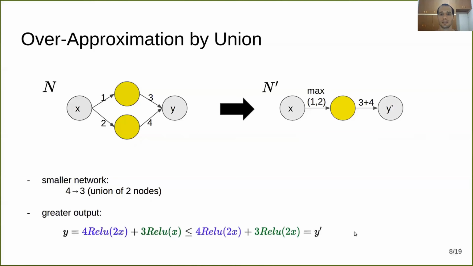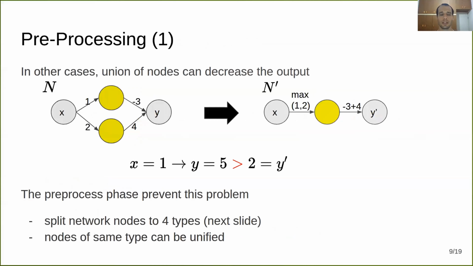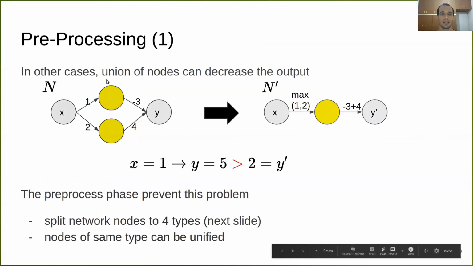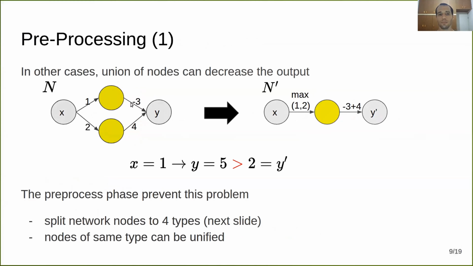So in this case, this works great, but this is not always the case. In other cases, like where we have negative output edges, the same operation can lead to decreasing the output. For example, if the input is 1, the original output will be 5, and the over approximation output will be 2, which is less than 5.